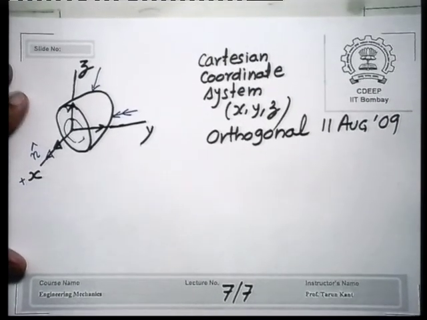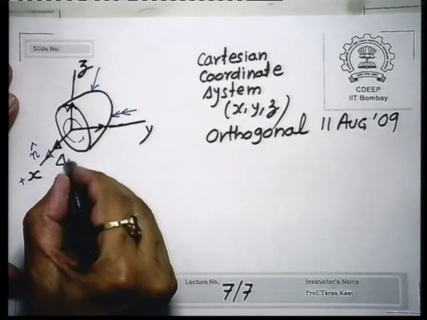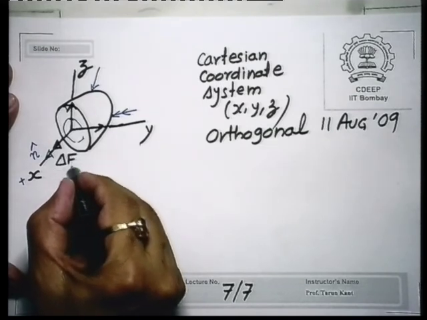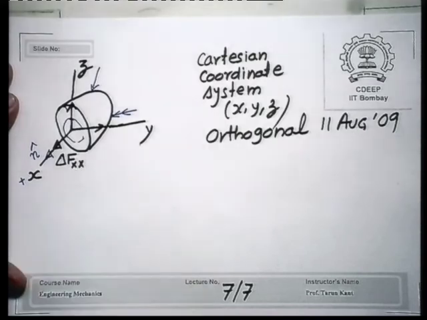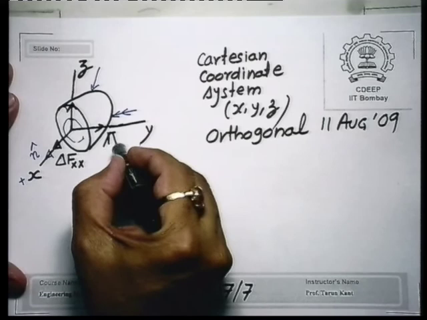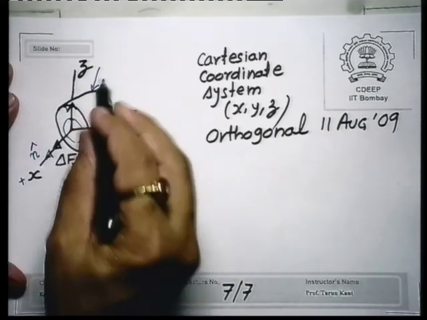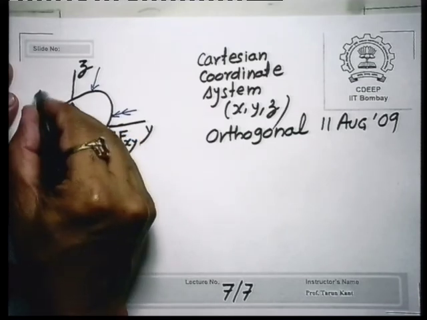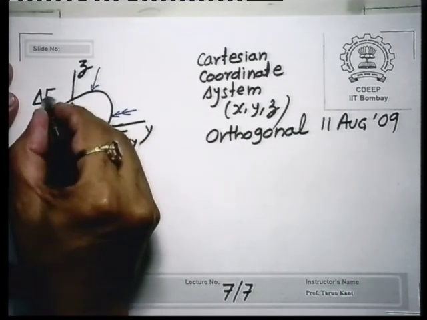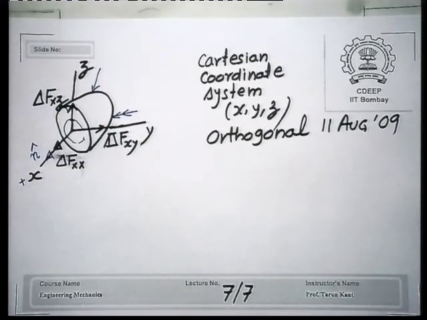On this area, the force that is acting in x direction is delta Fxx, the force that is acting in y direction is delta Fxy, and the force that is acting is delta F. I will tell you what are these conventions.